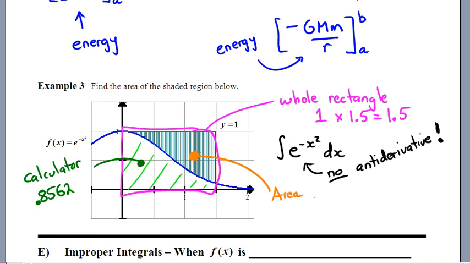We'll go big pink rectangle, 1.5 minus this 0.8562. It ends up being around 0.6438. But there's no way that I could do that one algebraically. I just wanted to show you that sometimes that's what happens. We end up with these stories that you can't solve algebraically, and you have to trust your calculator.